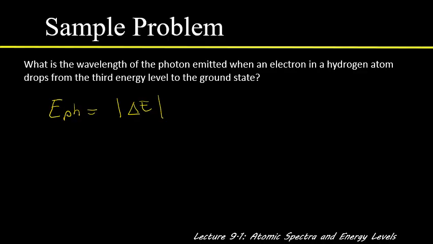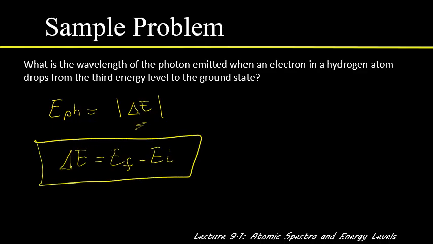So in order to get the energy of the photon, we need to get delta E. And delta E is always just going to be the final energy minus the initial energy. So if we can calculate the final energy and the initial energy, we can get delta E. All right? So let's work on that.